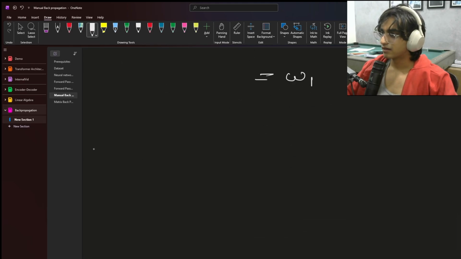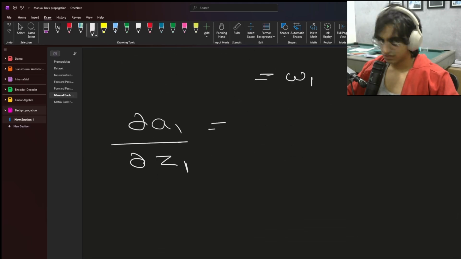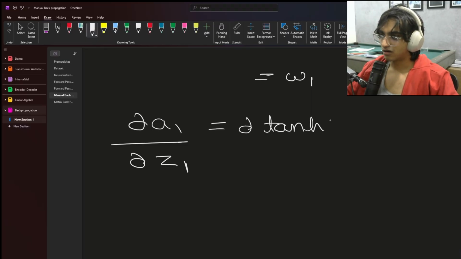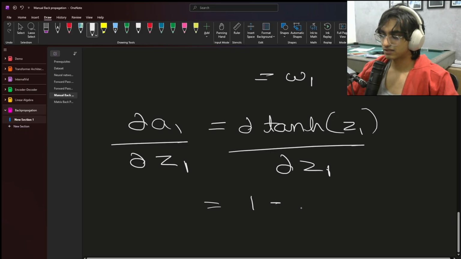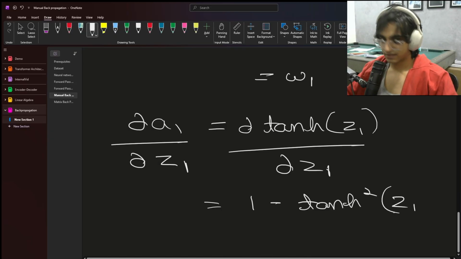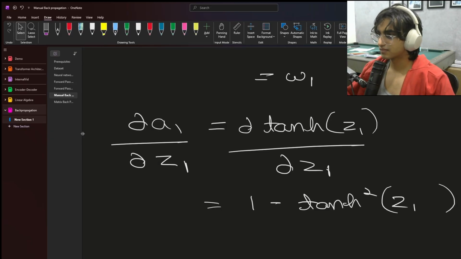Now we need del A1 with respect to del Z1. So del A1 is nothing but tanh of Z1 divided by del Z1. The derivative of tanh of Z1 is just 1 minus tanh squared of Z1. That's just the derivative.